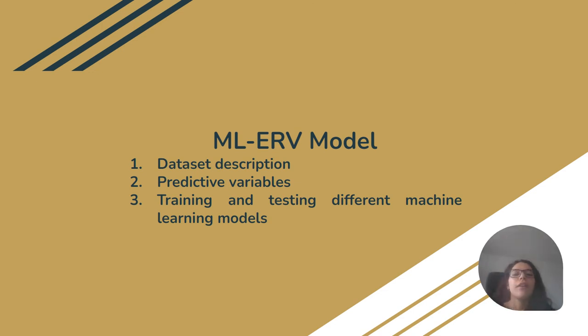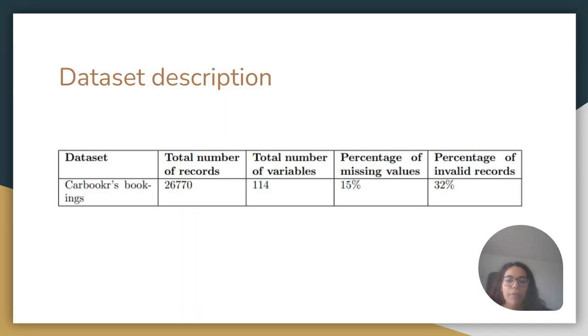Now we're going to move on to our model, the ML-ERV. First, I'm going to describe the data set we used to build our model. We used the Carbooker bookings data set, which at the time contained around 26,770 records and a total of 114 variables.